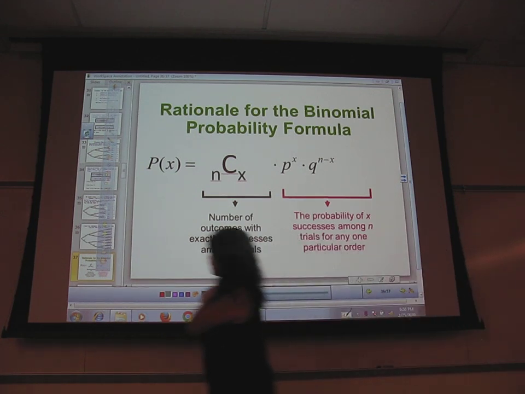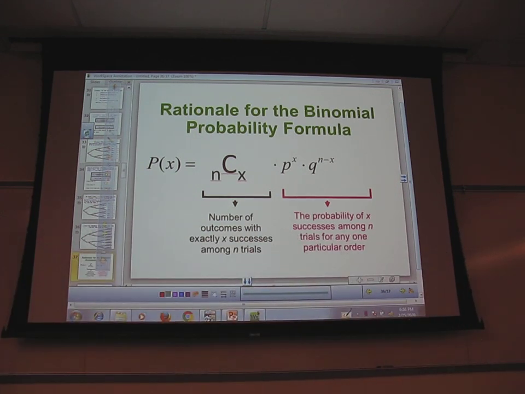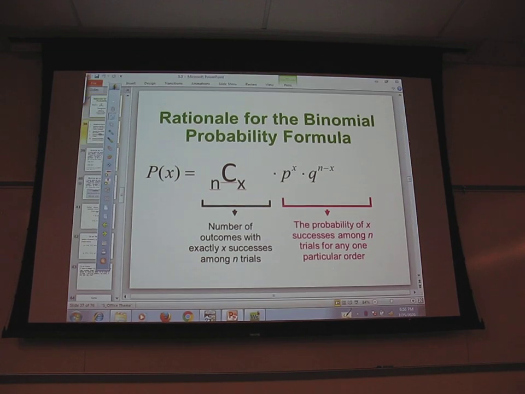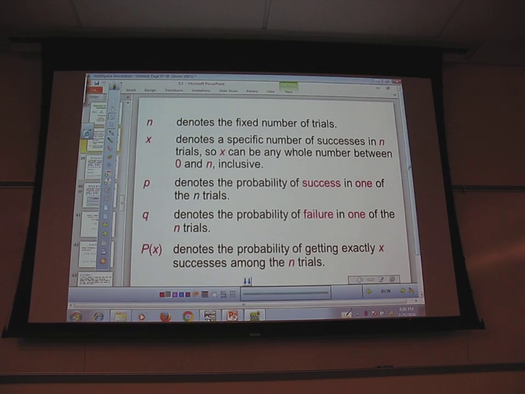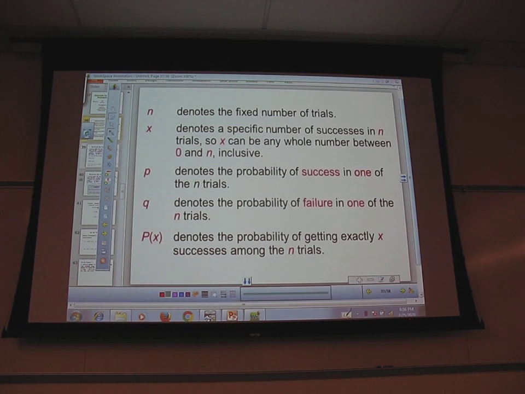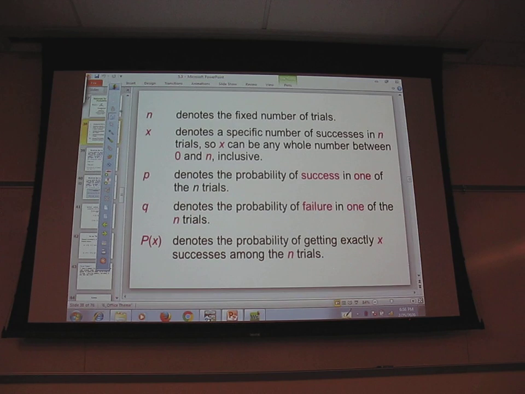All right, so let's go ahead and try some stuff. Just to remind you of these, let's get someone to read them. Chris, go ahead and read. N denotes the fixed number of trials. X denotes the specific number of successes in n trials, so x can be any whole number between 0 and n inclusive.